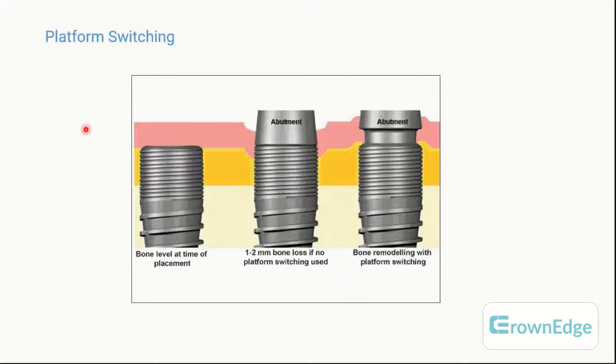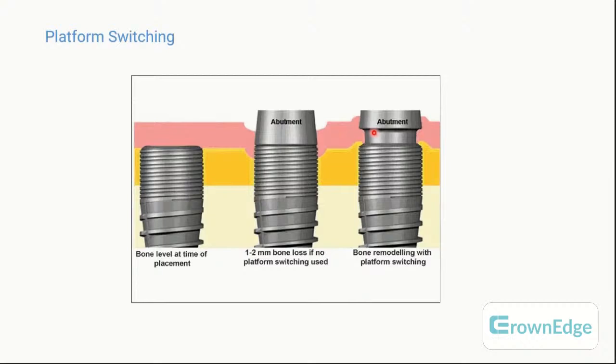Okay, so what basically platform switching is: earlier, what we used to use was, this is an implant on which we used to place an abutment. When we place an abutment, what we noticed was that at the junction where the implant meets the abutment, there was a lot of bone loss occurring around the implant surface. When we used the same size or a larger size, the bone loss was increasing.